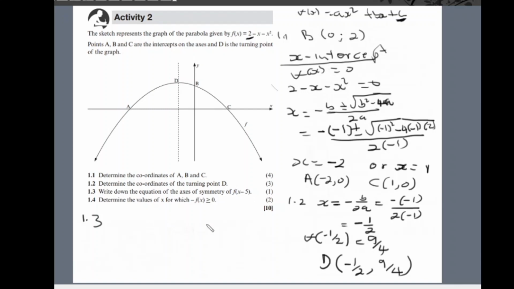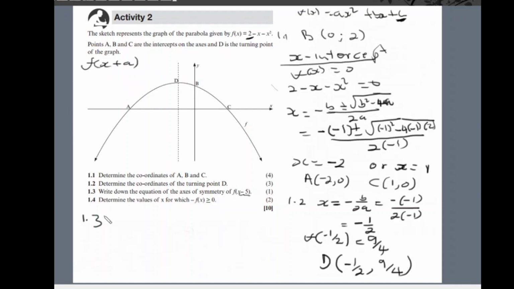Remember, you should be able to interpret that when you are substituting values like this in your function, you are transforming the original function. In a case like this, where you say f of x plus a, you are shifting the original function horizontally by a units, either to the left or to the right.